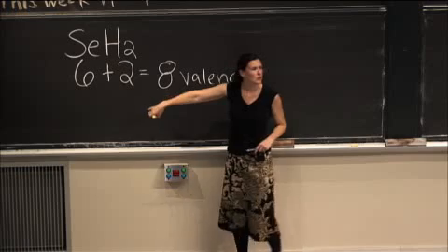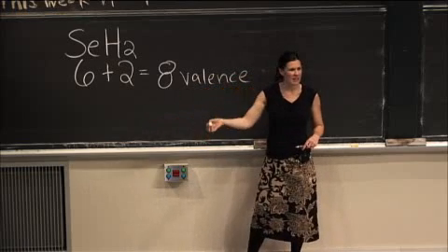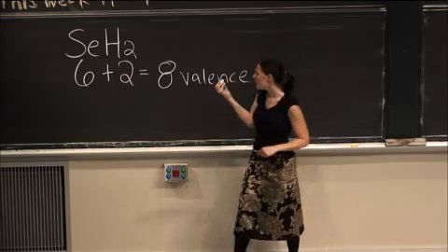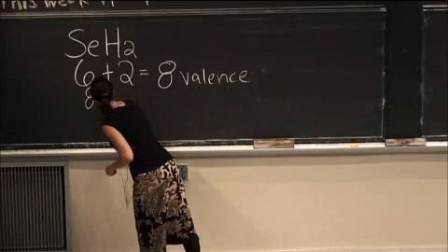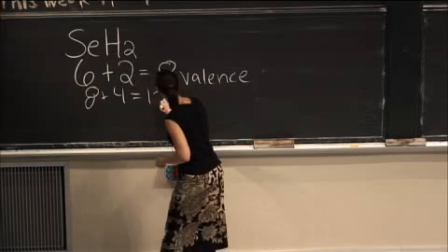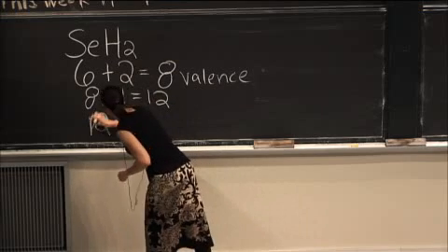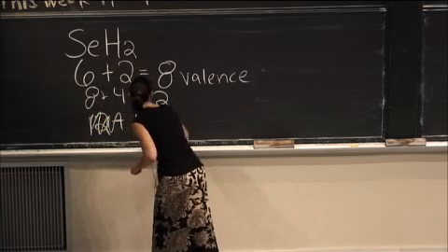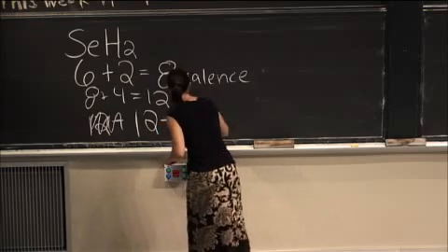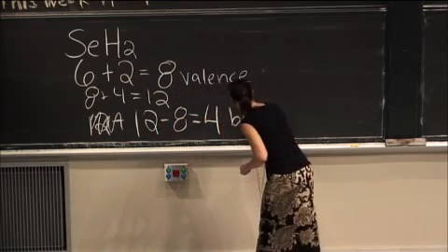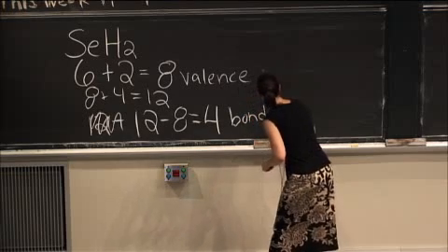How many electrons do we need to have full valence shells? 12, that's right. We need 8 plus 4, which is 12, for full shells. That means that we need 12 minus 8, or 4 bonding electrons in our structure.